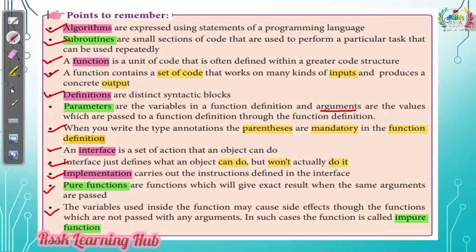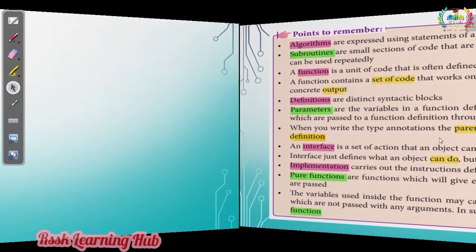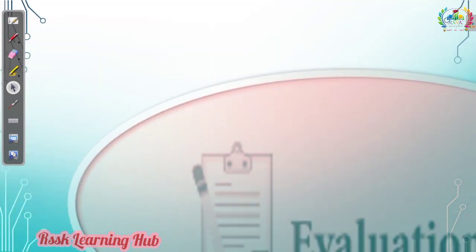Now we will discuss the practical session of this, the practical programs that are specified in your books. So you have to write an algorithmic function for finding the maximum of 3 numbers.